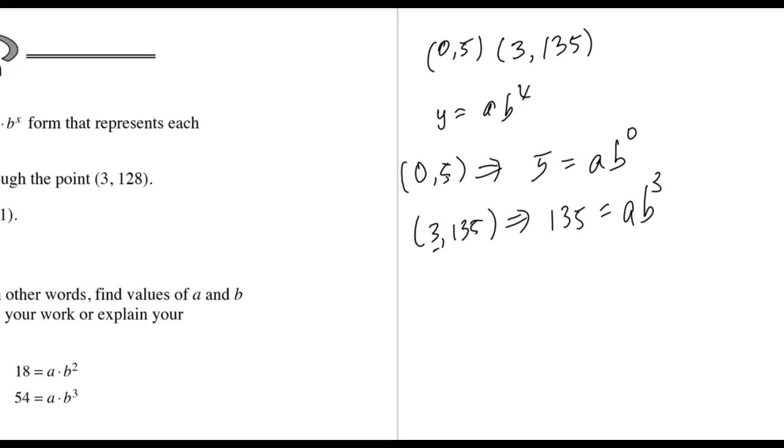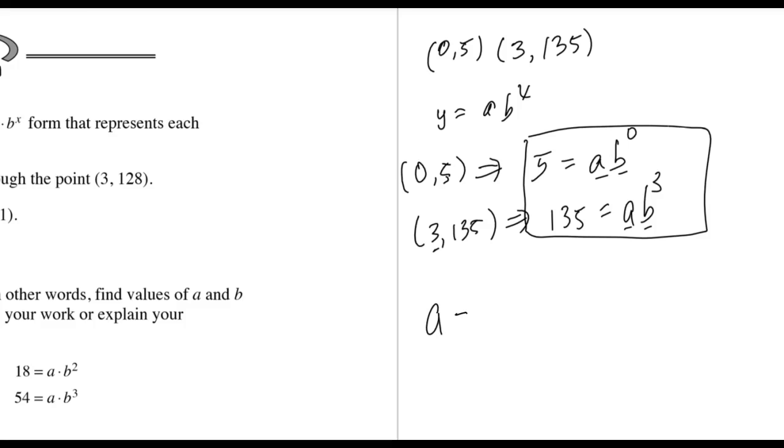Okay. Now, how do I solve this? Now I have 2 equations with 2 unknowns. That looks like a system of equations. It's not a linear system of equations, but it's still a system of equations. So the first step I'm going to do to the first equation is to solve for a.